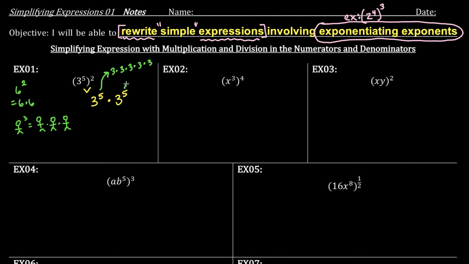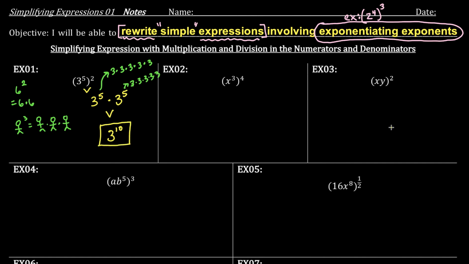And 3 to the 5th again means 3 times 3 times 3 times 3 times 3. So all in all, we're multiplying 3 ten times. This actually gives you 3 to the 10th power.